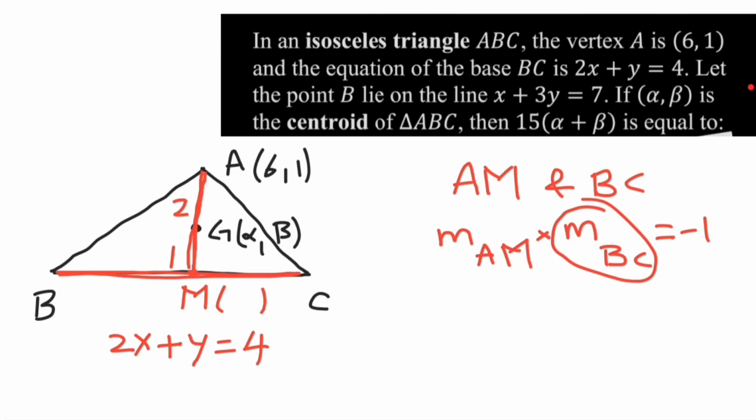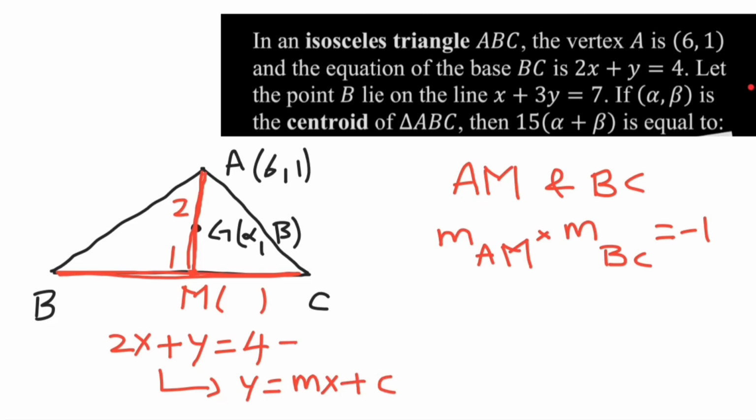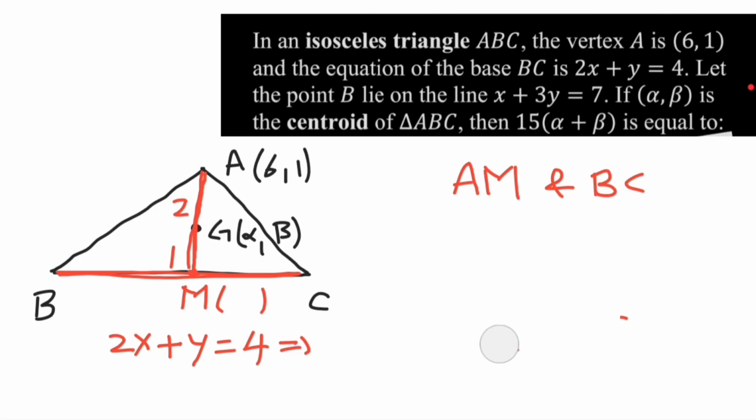We can convert the BC equation into the form y = mx + c, and from here we can find the slope m. So y = -2x + 4, so the BC slope is -2. So what is the AM slope? It is going to be 1/2, isn't it? So now we have the slope of AM, which is 1/2.